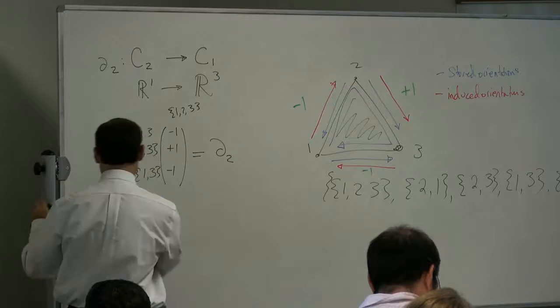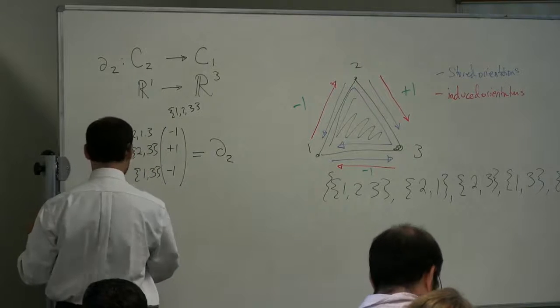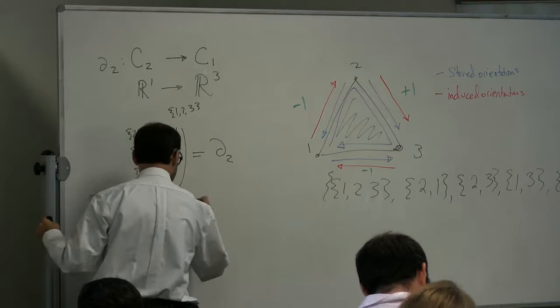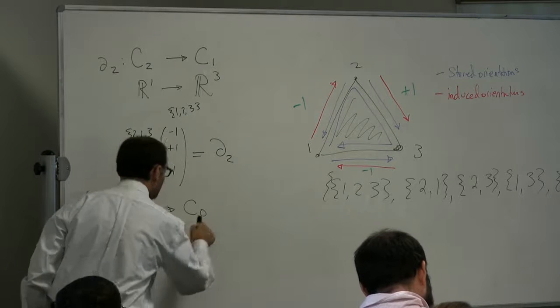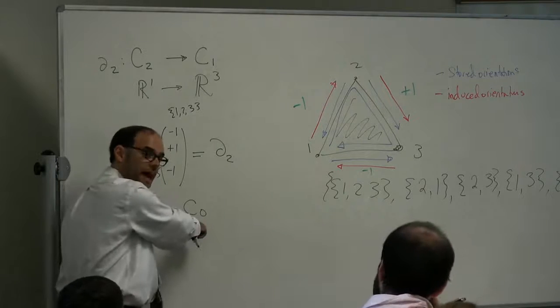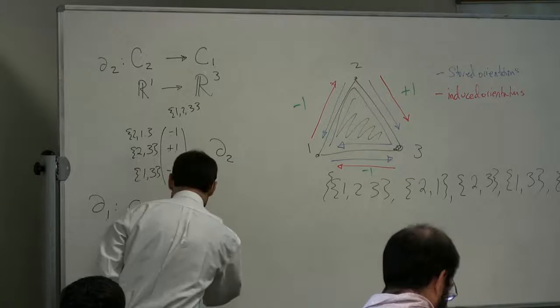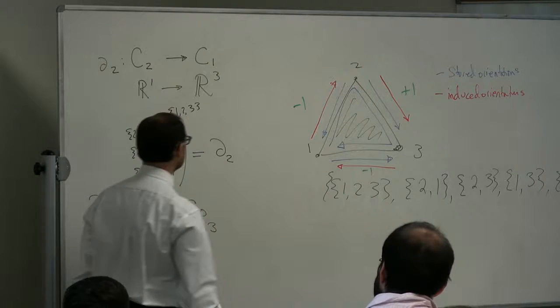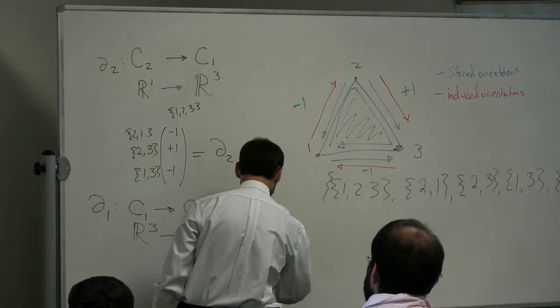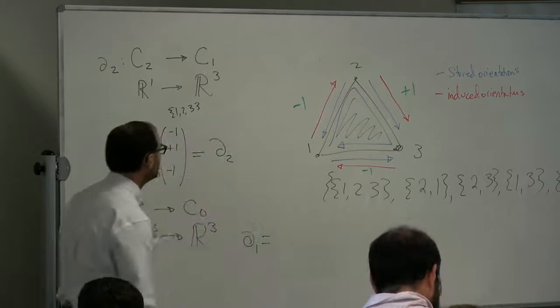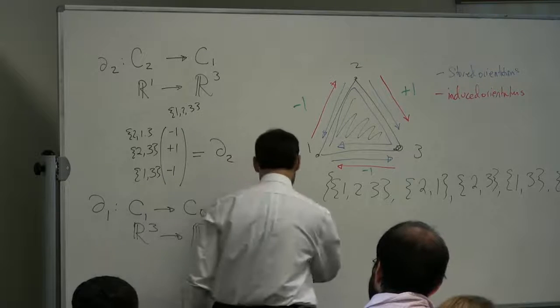Now what about boundary 1? Boundary 1 goes from C1 to C0. We already know this is R3. How many vertices do I have? 3. This matrix is going to link up the vertices with the edges.